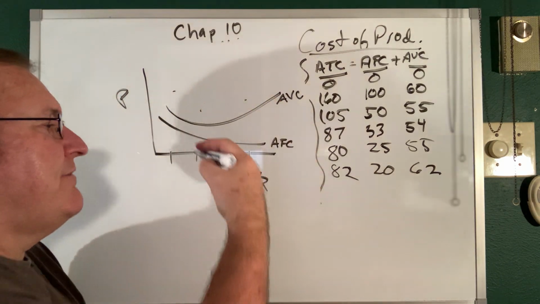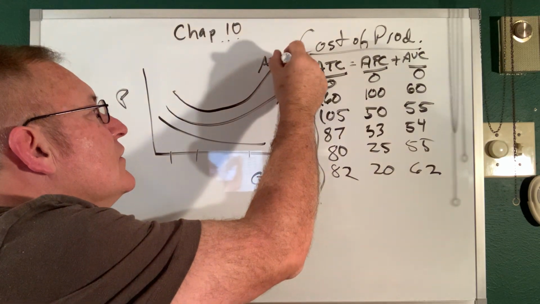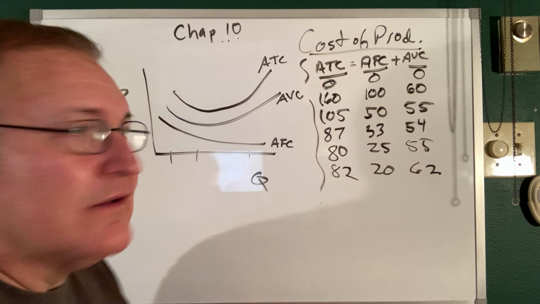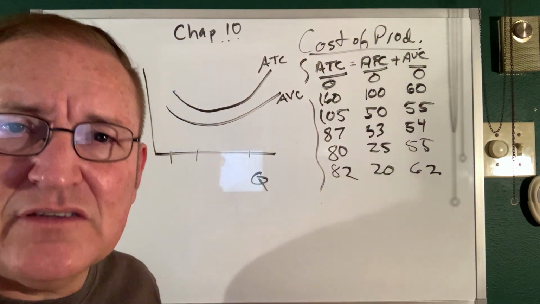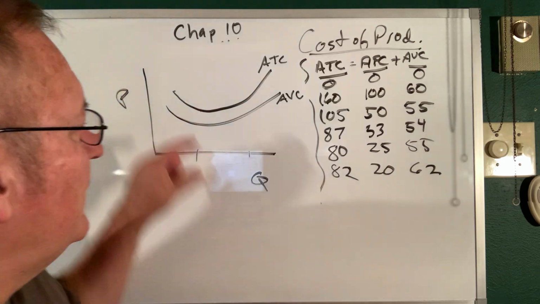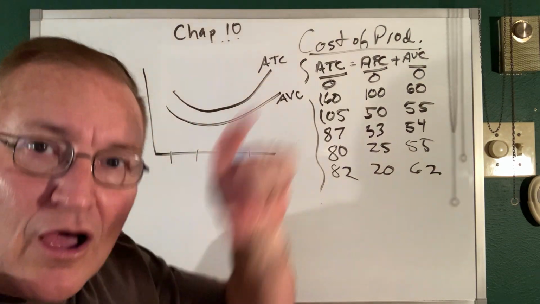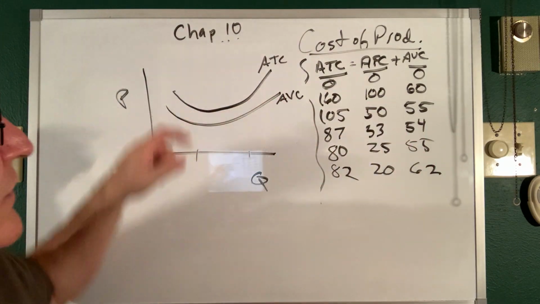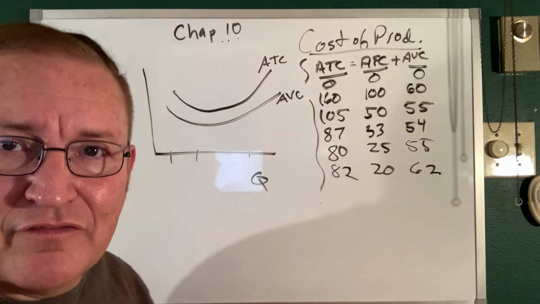And so, in fact, average total cost looks something like that. What that allows us to do is get rid of the average fixed cost, because we know it's right in here, since you saw me add it on top. So the space between these two curves is your average fixed cost. This is your average total cost, average variable cost.